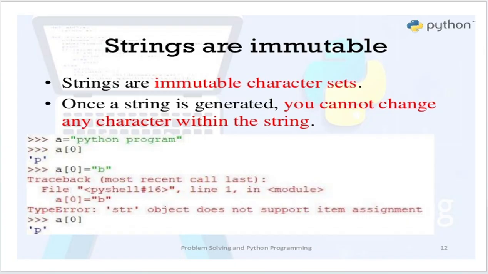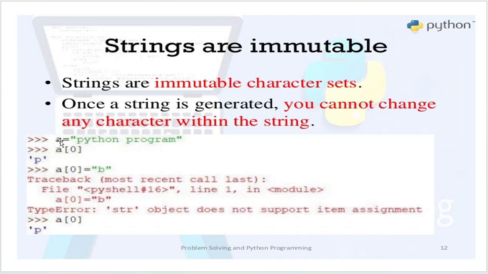And as I've told you, strings are immutable. Immutable in the sense that once a string is created, you cannot change its characters. If you want to access a particular character from the string, you can do it, but it's not possible to alter or update anything once the string has been created.